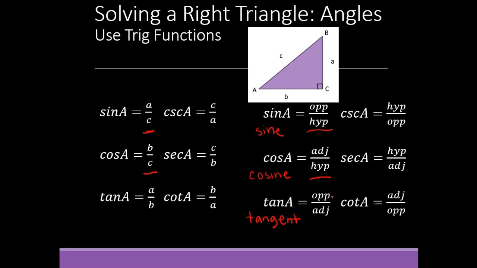This one says opposite over adjacent. So it is saying opposite, or A, over adjacent, or B. So it doesn't have anything to do with the hypotenuse. It just has to do with these two sides. So opposite over adjacent is the same thing as A over B.